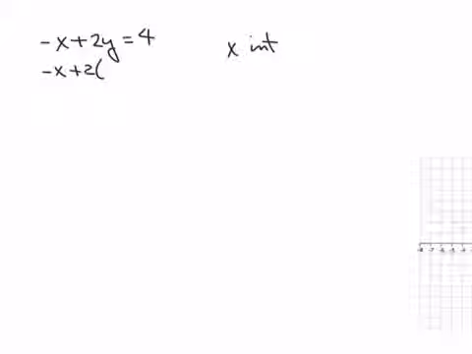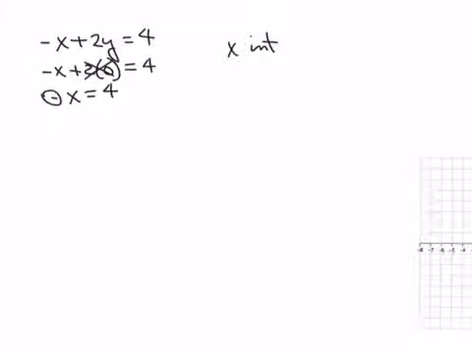Alright, so let's look at example 2. Example 2 says negative x plus 2y equals 4. Okay, so to find the x-intercept, we set y equal to 0. Those go away. So we have negative x equals 4.